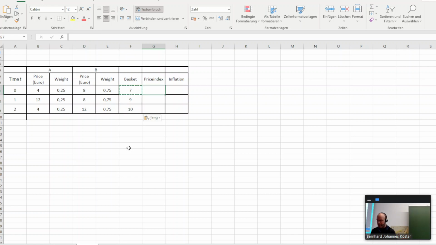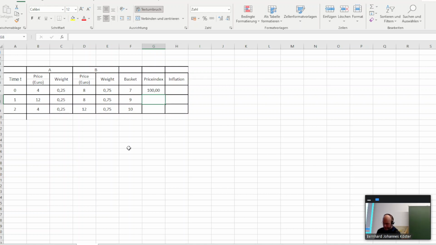Then we can calculate the index, and we are free to set one point in time as 100. Let's take this one as 100. This means that 9 to 7 has to be equal to the index of t equals 1 relative to 100.